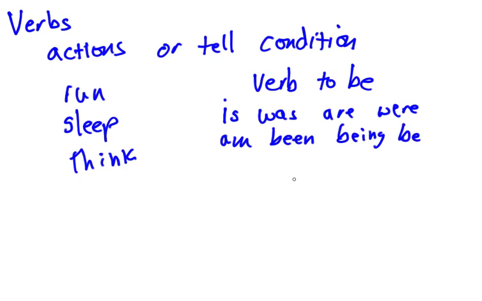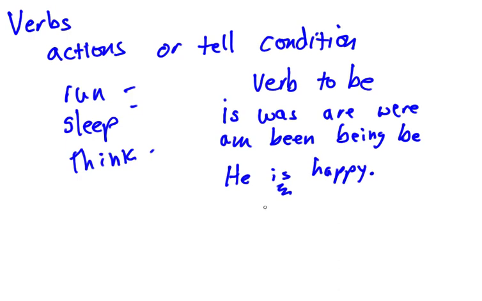Alright, so these tell the condition of something, such as he is happy. Okay, there's no action really with is, not like run, sleep, or think. It's just telling us the condition that he is in, or the situation that he is in. Okay, so verbs are words of action, or they tell a condition.